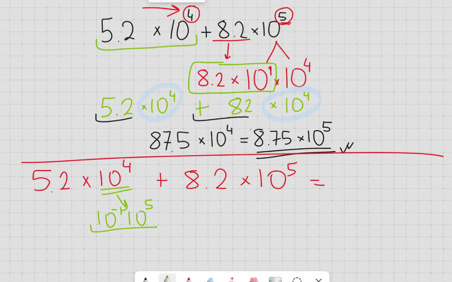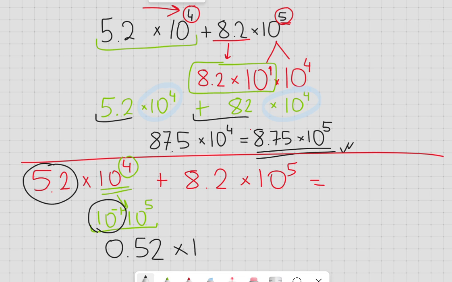Because minus 1 and 5 will give me 4. Alright, then we combine 5.2 multiplied by 10 to the power of minus 1, which means basically divided by 10, it becomes 0.52 multiplied by 10 to the power of 5. On the other side, we have 8.2 multiplied by 10 to the power of 5.